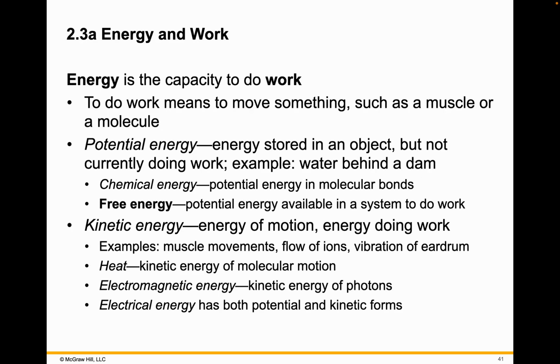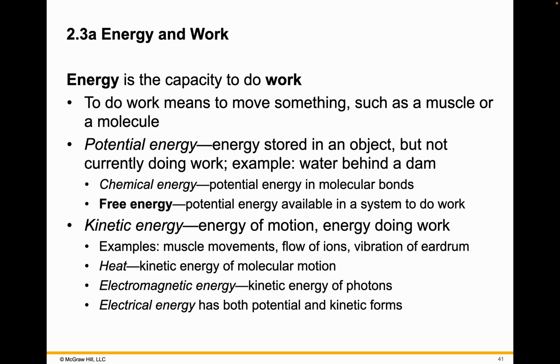Now a little bit of physics, since we're going right along. Energy is the capacity to do work. To do work means to move something, a muscle or a molecule. Potential energy is energy stored in an object but not currently doing work. It could be chemical energy or free energy. Kinetic energy is the energy of motion or energy doing work.